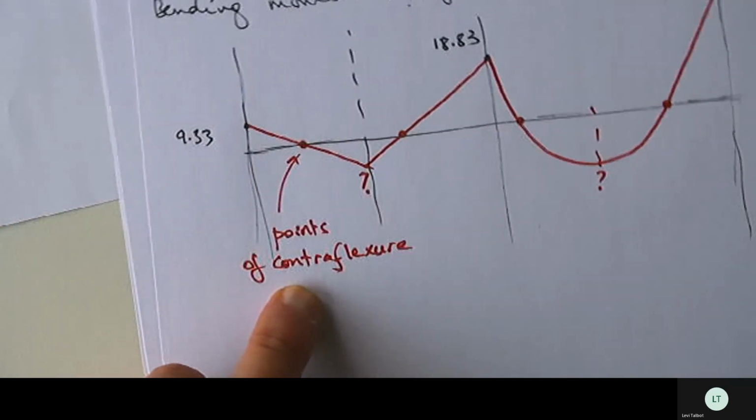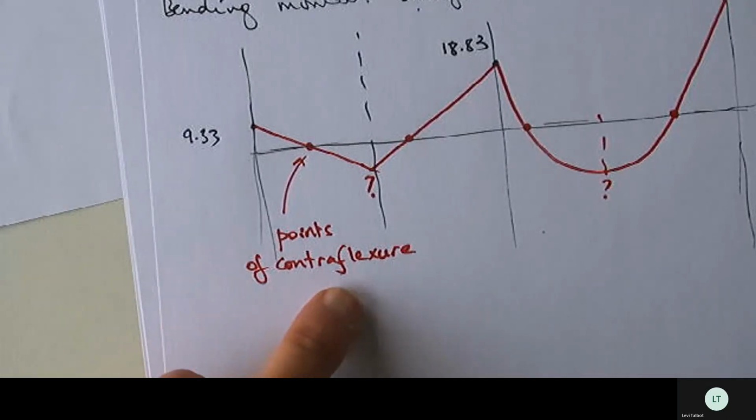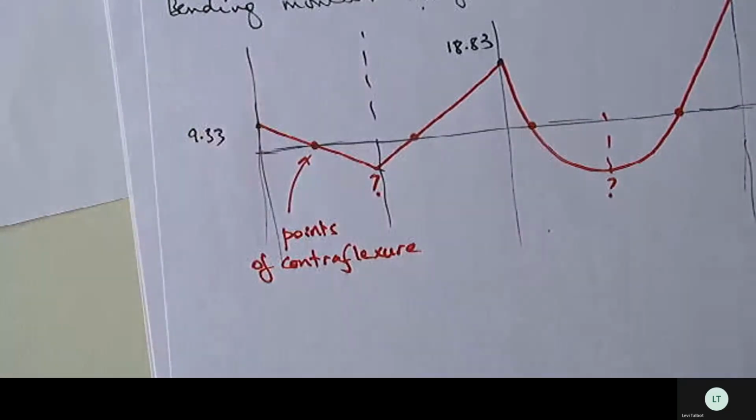Contra means opposite, so you have opposite flexure from left to right. There is a change, going from tension to compression or vice versa, and that's why we call it a point of contraflexion.